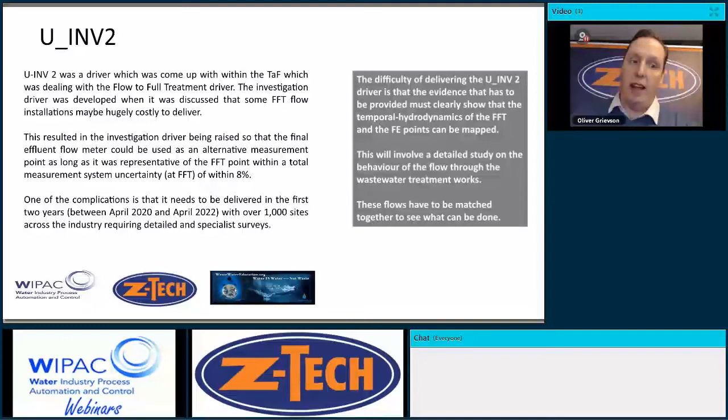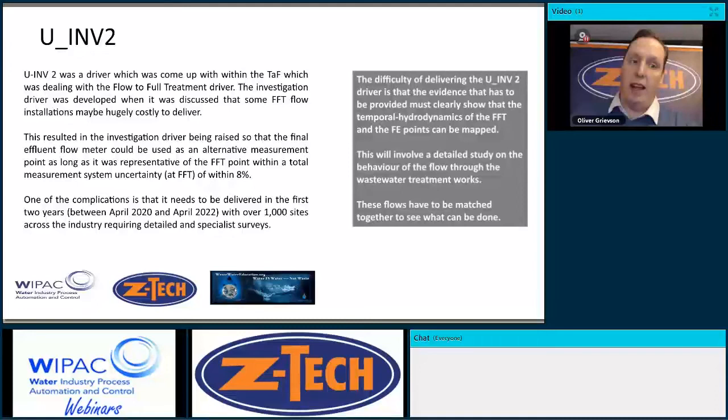And again, all of these flow meters are going to be under MCerts. Quite a few of them are going to be retrofitted into the works. The thought is that they're going to need to record every 15 minutes. But again, will it be something more often? There's talk that, yes, it might need to be more often. The industry standard is 15 minutes. But what happens if it is needed more often than we thought?